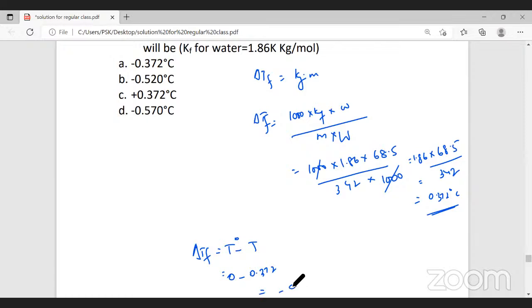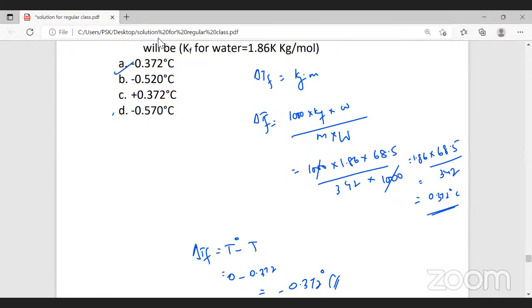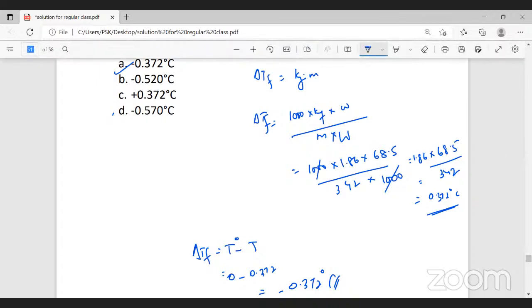So therefore it will be minus 0.372 degrees Celsius. Hence the answer for this question is option A. Did you follow this? Yes, sir. Ajay? Yes, sir. Next question.